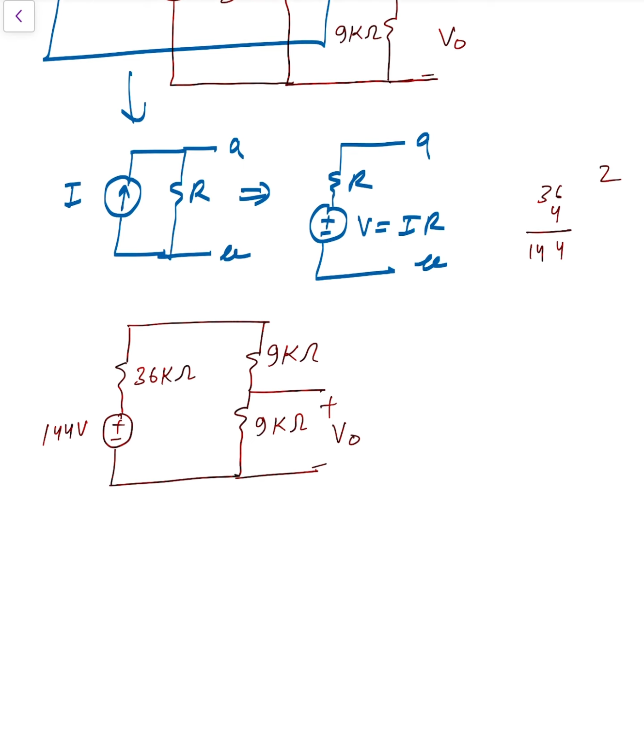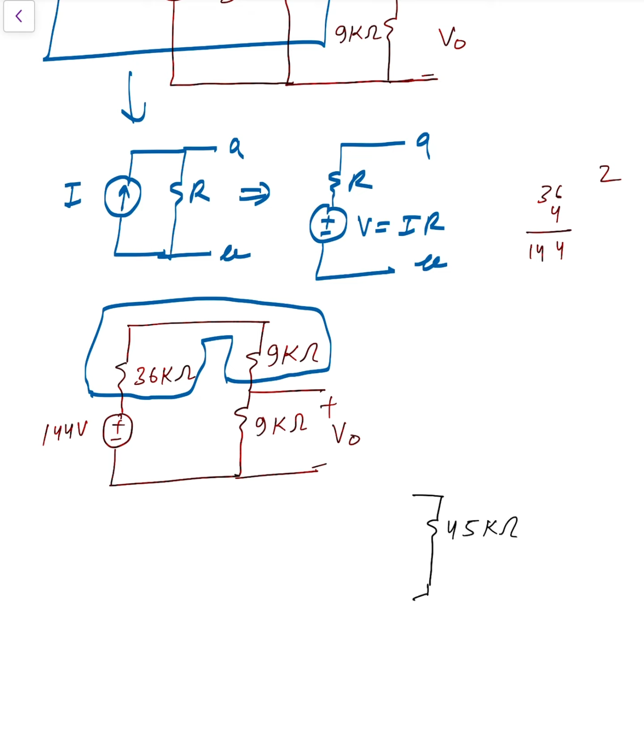Now look again, these two are in series. So you can represent 9 plus 36, that is 45 kilo ohm, and that one is 9 kilo ohm. Here plus minus V naught, and here plus minus 144 volt.